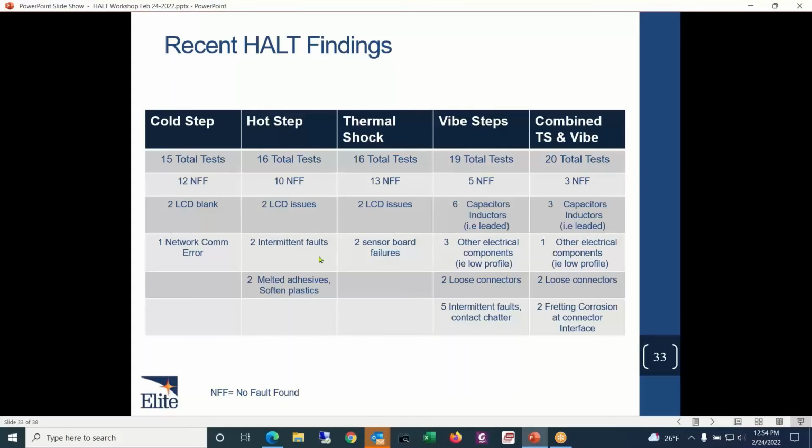So kind of finishing up here, maybe in the last few slides, I just wanted to connect you with how effective these HALT stresses are to find product failures or find product weaknesses. So again, here's our cold step, our hot step, our thermal shock, vibe alone, and then the combined.